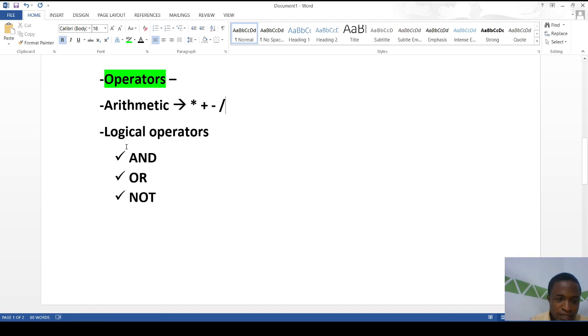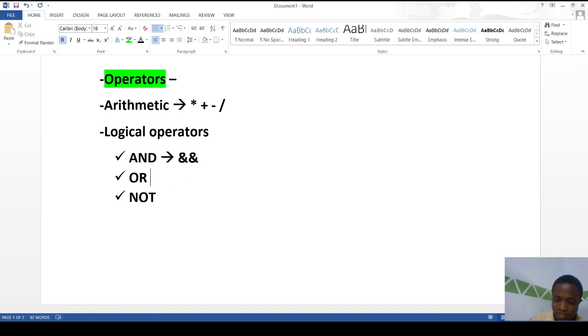Logical operators that we mention: we talk about AND, OR, NOT. These are the symbols we use for AND. So anytime you see these two in IT, it means AND. Or if you see one, it is bitwise AND. So anytime you see this symbol, just put it in your mind that it means AND.